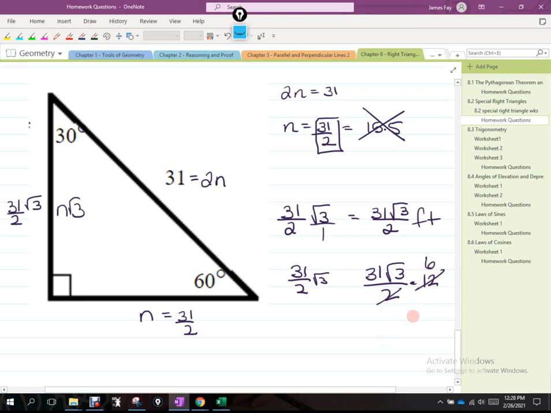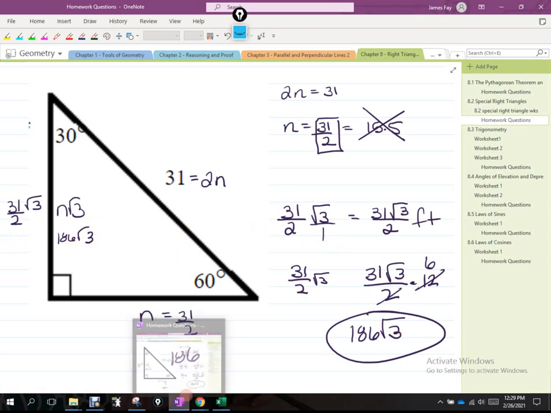It gives me 6, right? Okay. So now I'm going to take 31 times this 6. So it gives me 186, and then times my radical 3. So that's what this side would be, 186 radical 3. This side would be just the 186. And obviously they don't want that other stuff.